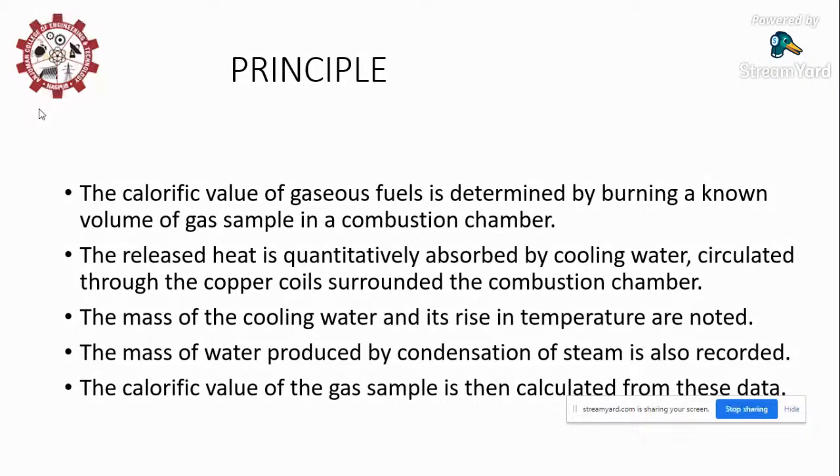Now here I have written gas sample, but it can be any fuel. I have told you earlier that the fuel sample can be gaseous, or it can be a liquid fuel which is volatile in nature, or which gets converted into vapors easily.